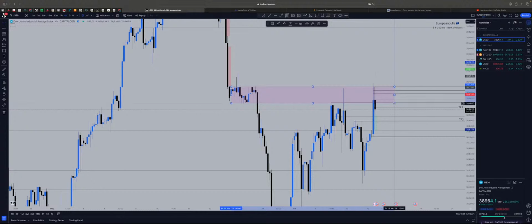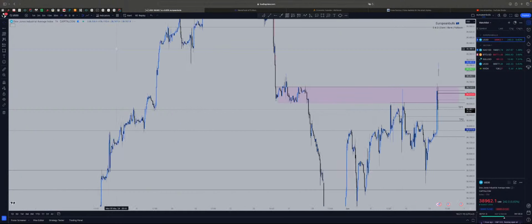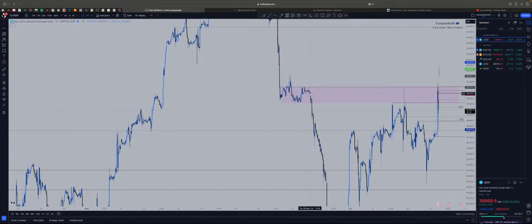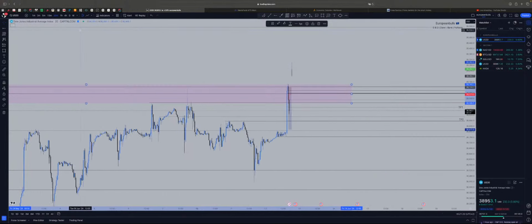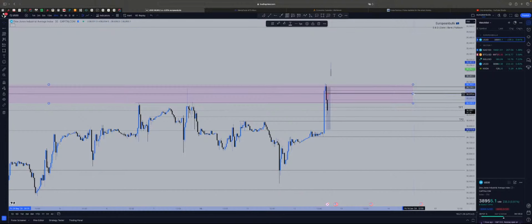Or you can see in 1 hour, the price was still underneath this area, like if you see this imbalance underneath this area, it didn't close above. So we saw an opportunity that we could potentially sell.